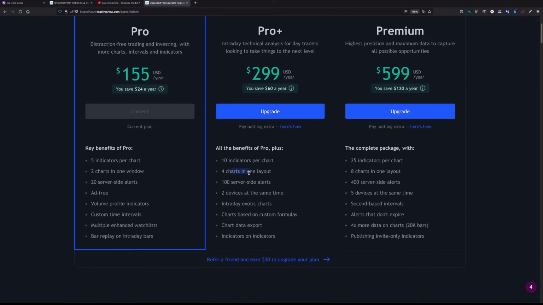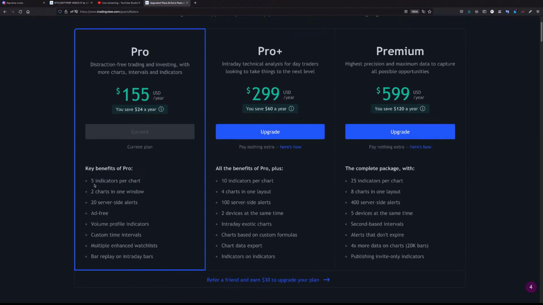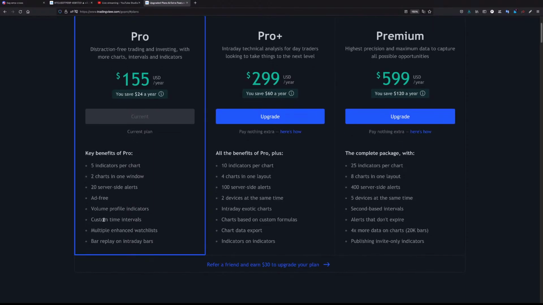Let's see. Yeah, you see this, the Pro one. I have this one with 5 indicators per chart. Oh, this is 5 indicators. It's not this one. They don't have it here in the description. That's the problem.